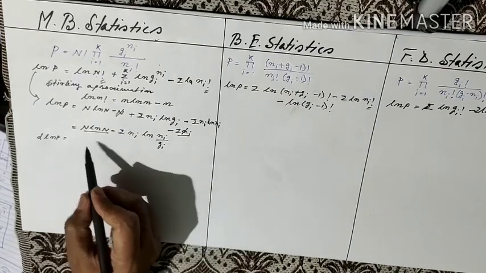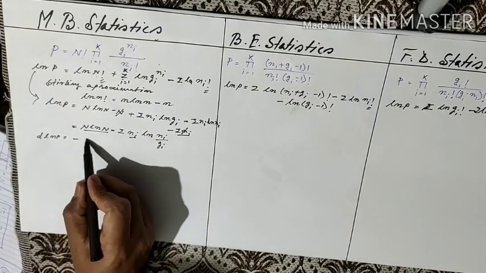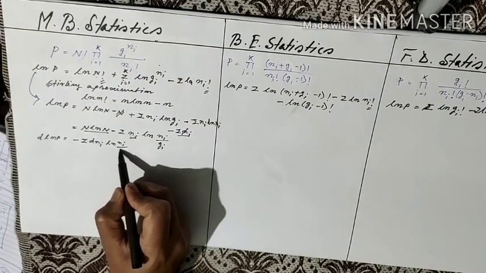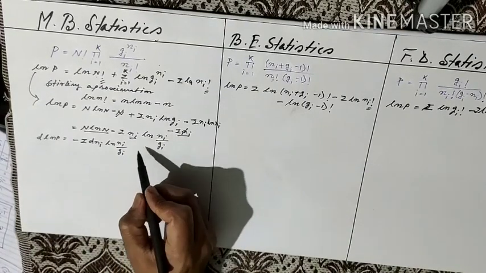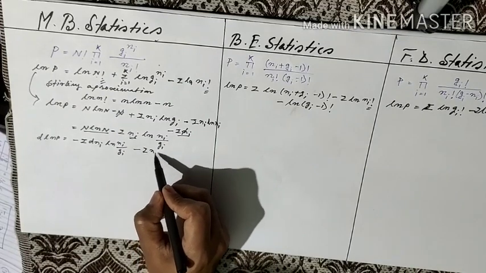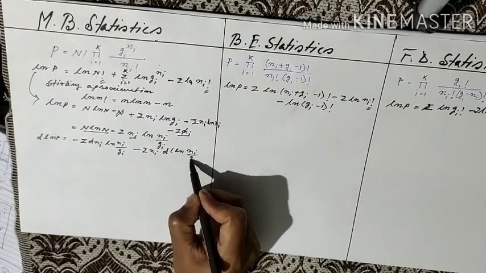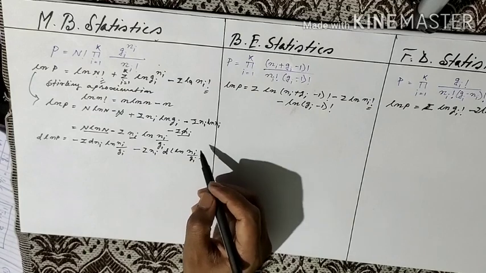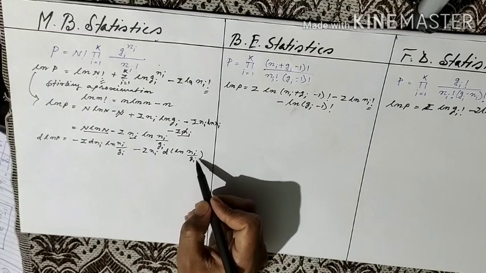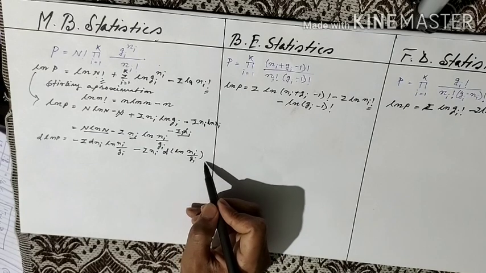Then for this part, first function into second function, so first differentiate it, minus summation of dni, leave it ln ni by gi, then differentiate the second part, so leave the first part as it is, ni, differentiation of ln ni by gi. Okay, so this is log of x part. Again I have log ni minus log gi, but this gi is constant, so differentiation of log gi will be 0.